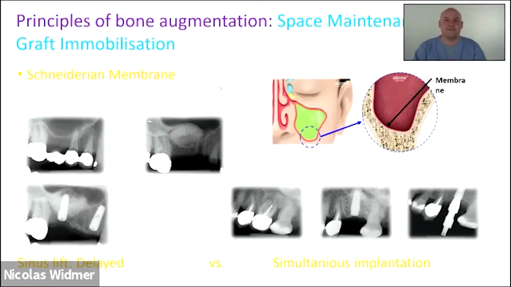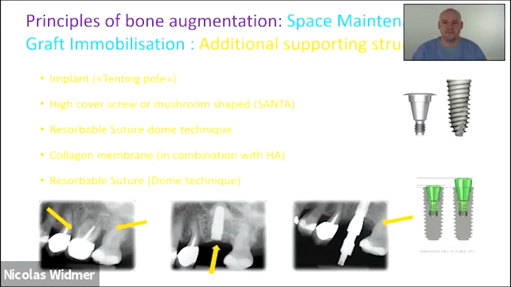We don't have this stabilizing effect of the immediate implant placement, but the Schneiderian membrane is still moving with breathing a little bit. And so in this case, we accept a little bit of consolidation of our graft material, as you can see in the lower left picture. It's not a big problem, but that may be an explanation.